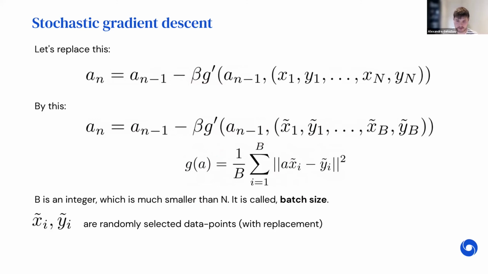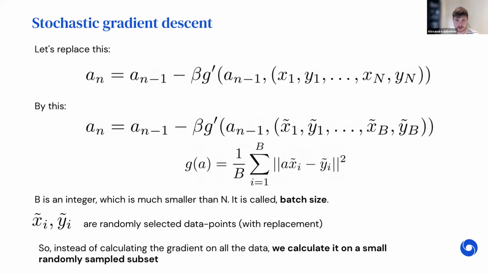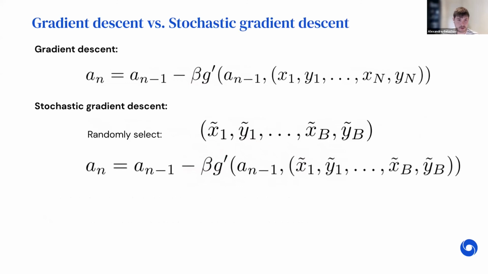Then you can apply this procedure, which is quite cool. Schematically, how do they compare? They differ in just 2 steps. First, you randomly select this subset at every iteration. Then the gradient is calculated on the smaller subset rather than on the whole data set.